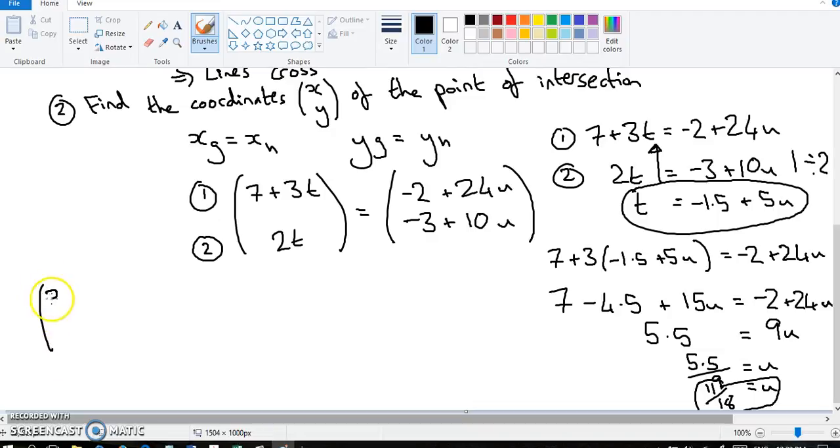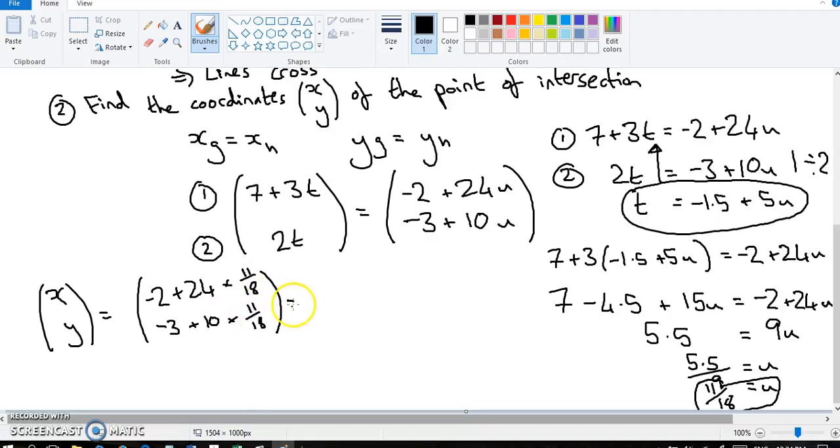So let's put this u into H to see what coordinates we get. So that means that x and y is equal, and this time I can take this expression for H, so -2 plus 24 times 11 over 18, and -3 plus 10 times 11 over 18.